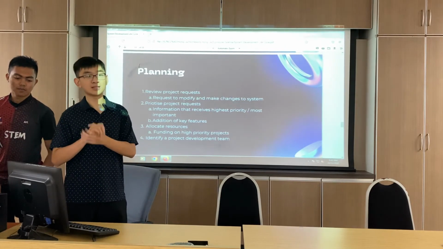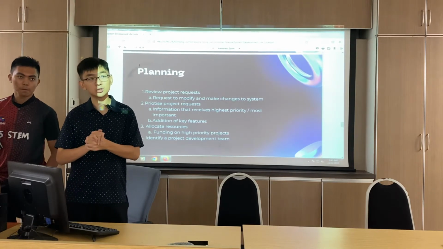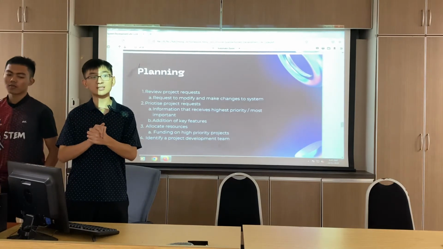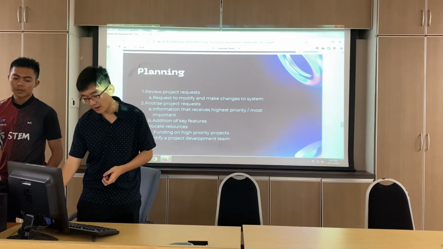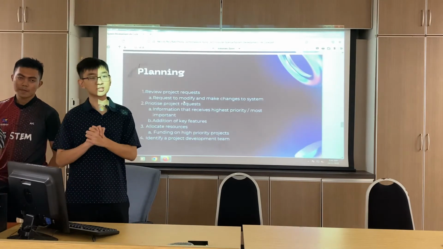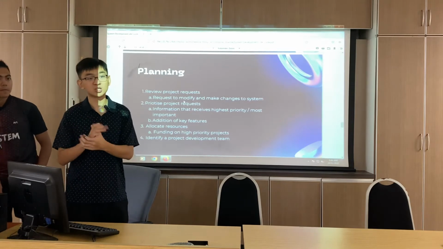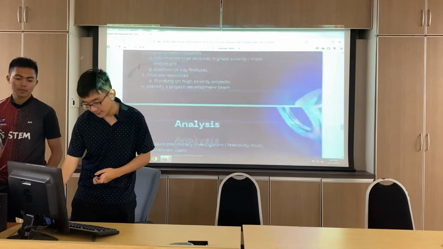We need to gather money. Maybe we borrow it from a bank. We do the proposal letter and then send it to the bank. And then we identify a project development team, which was introduced at the early part of our presentation: what kind of professionals we have and what kind of roles we have in our development team.